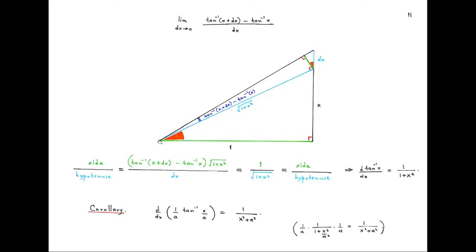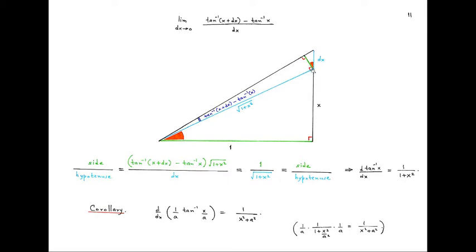So now with this point as center, and this blue line as radius, we draw a little circular arc, and that's this green segment over here. In this process, we have created a tiny triangle, and we claim that this is almost like a right angle triangle. And why is this?